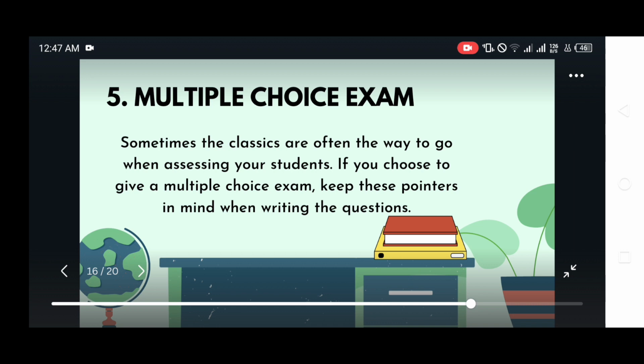It is a classic way to assess students and let them point out the answers they have in mind. In terms of grammar, for example, past tense, present tense, future tense, and grammar subjects, to see how grammatically correct they are.